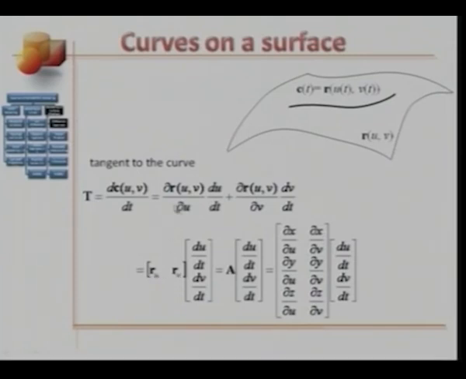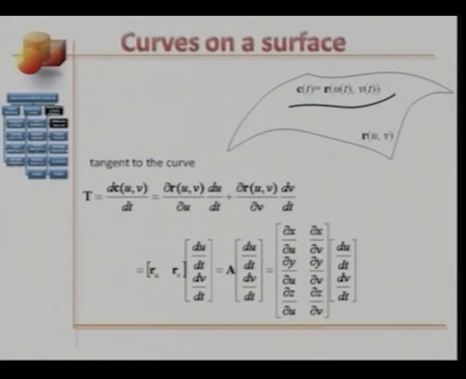R sub u is given by partial r over partial u. R sub v is given by partial r over partial v. And then in the column, you'll have du over dt and dv over dt.